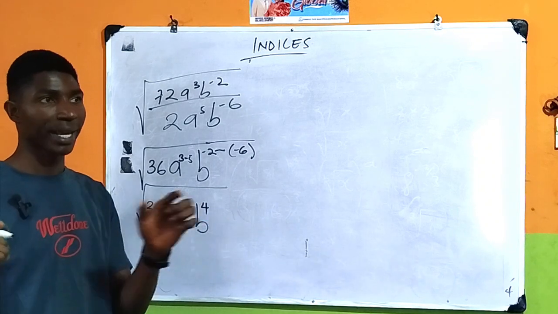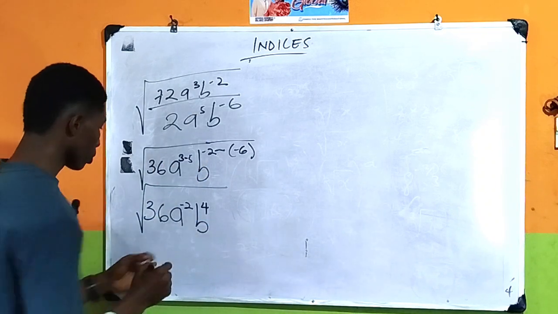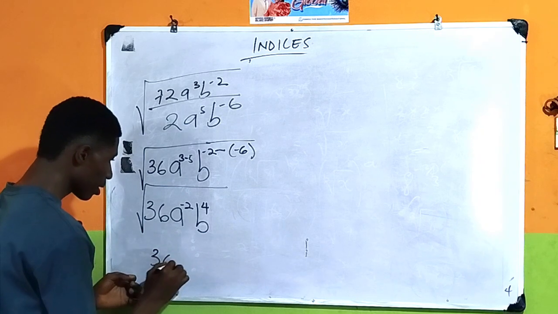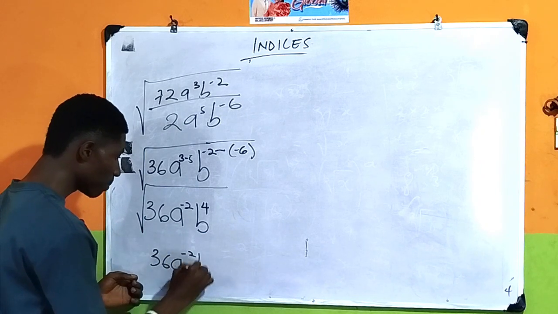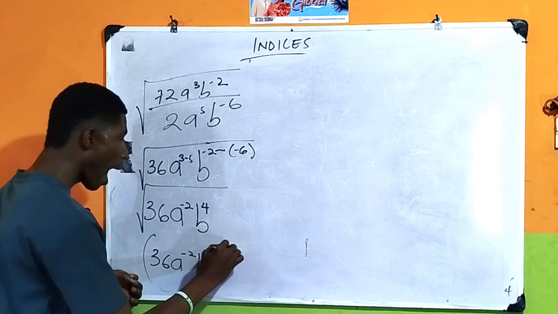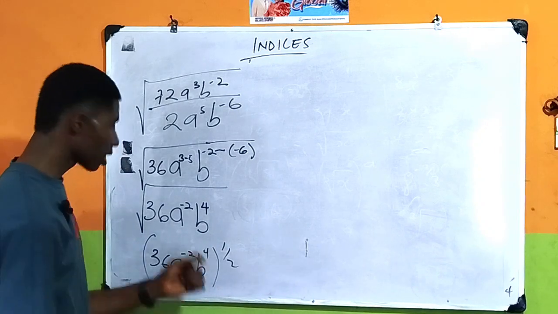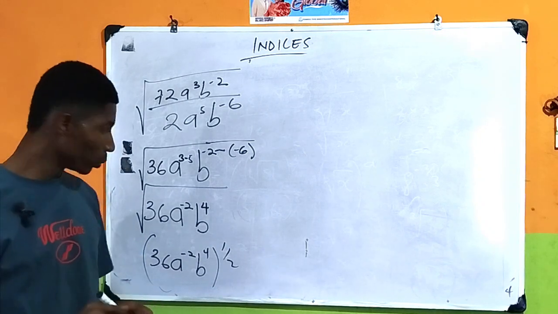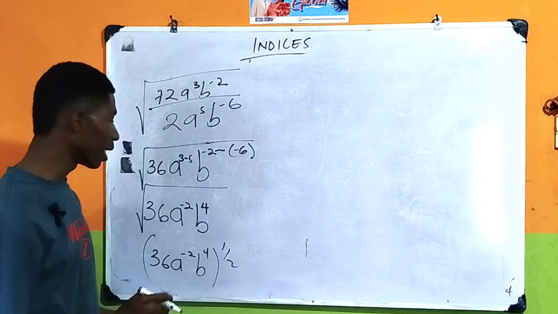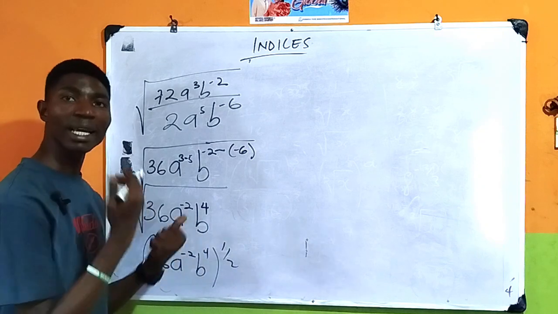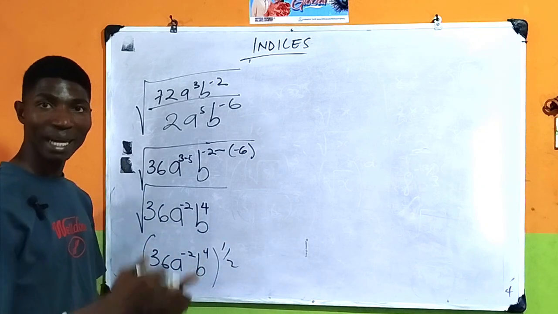Now I simplify this and recall that the square root sign means power half, as in square root of x is equal to x power 1 over 2. So I have 36 a power minus 2 b power 4, all power half. Hence, according to the power rule, the power outside the bracket multiplies all the powers inside the bracket, term by term.